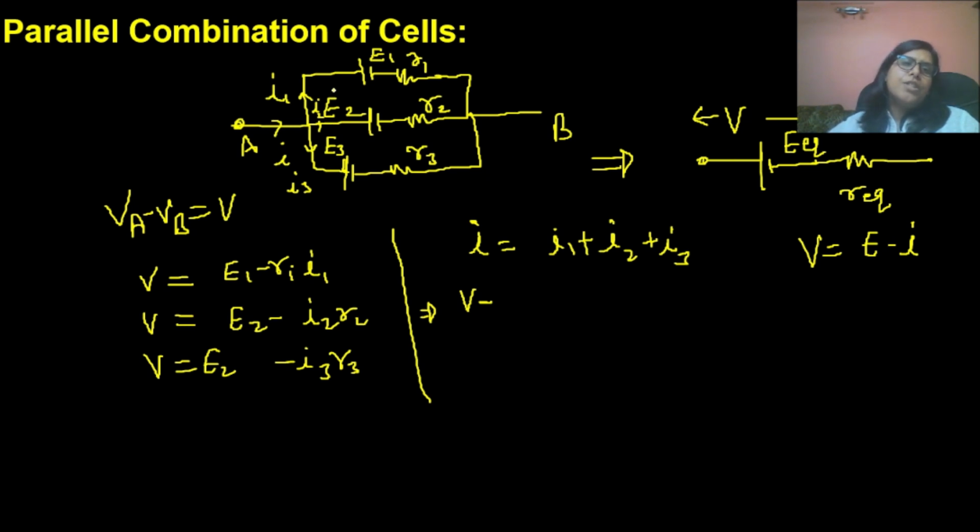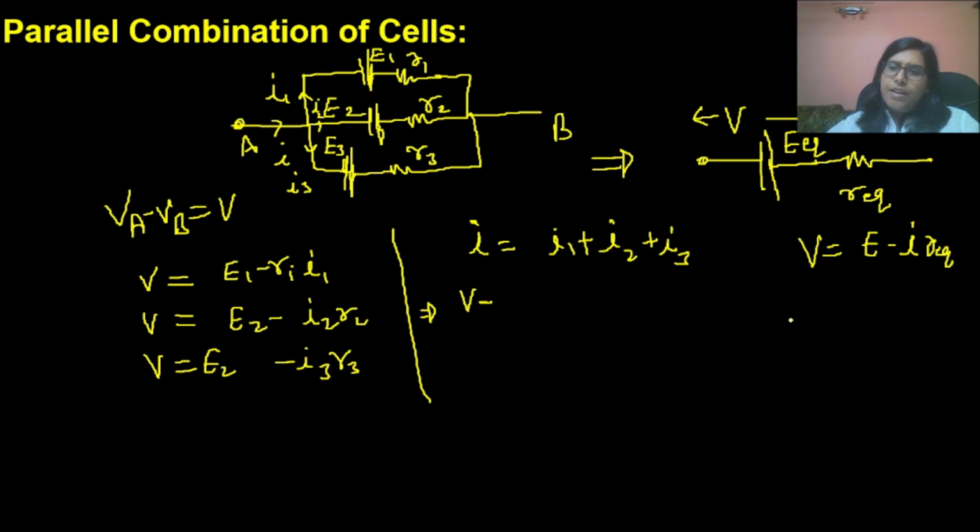We have taken opposite currents here, no? These are the charging currents for these circuits, right? Suppose the cells are in this direction, and here also. So V equals E minus I into R equivalent.